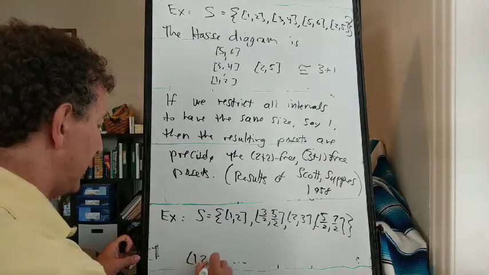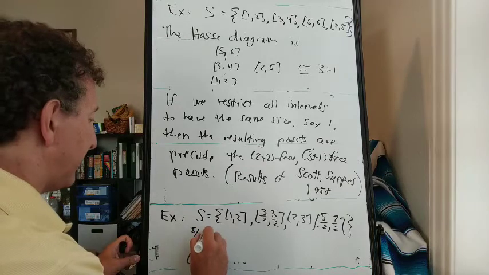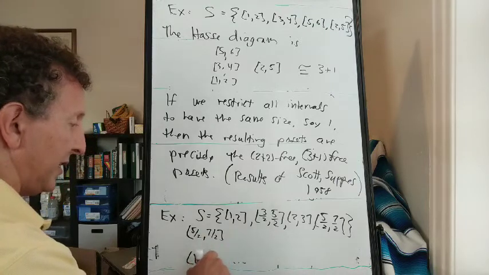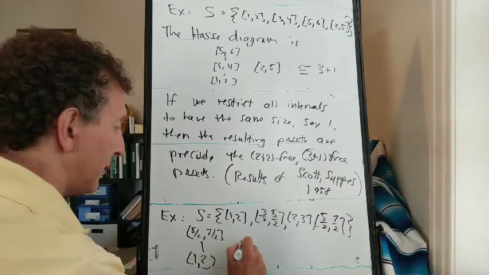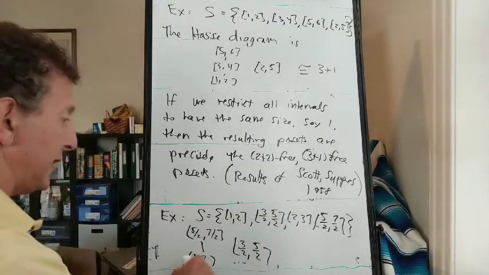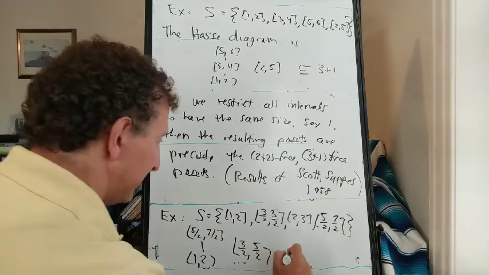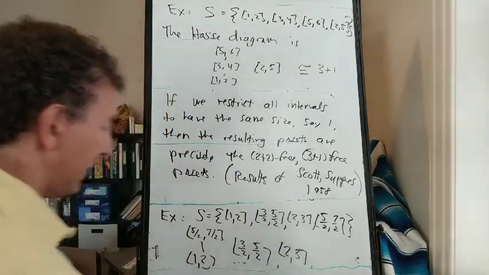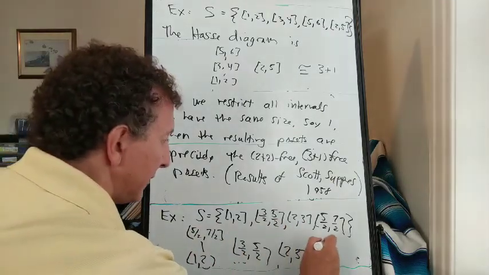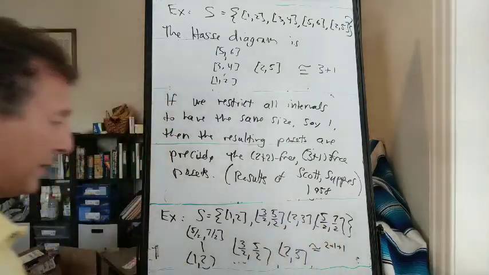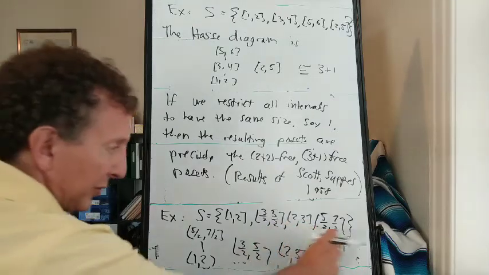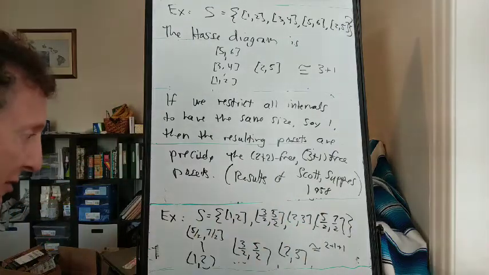So we get 1,2, 5 halves, 7 halves. 3 halves, 5 halves intersects both of these. 2,3 intersects both of these and that one. So we get a poset that we might call 2 plus 1 plus 1, because it's a disjoint union of chains. And sometimes with disjoint unions of chains, we just name the sizes of the chains.